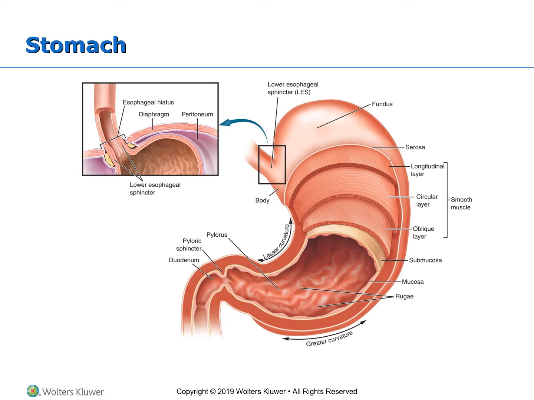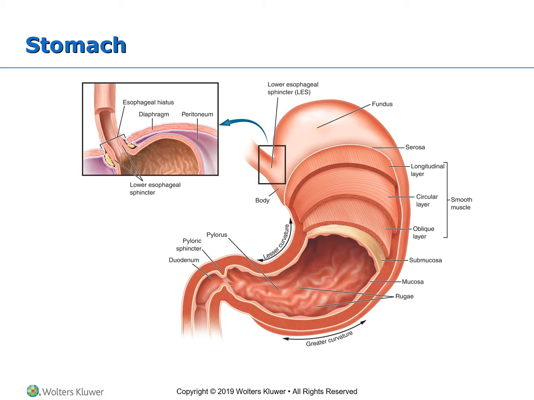You can see in the small square image on the left of your screen how the diaphragm encircles the esophagus, and the esophagus passes through an opening in the diaphragm called the esophageal hiatus. It's important to remember this structure because whenever this opening is enlarged or malfunctioning at the level of the diaphragm, we'll have a hernia, one of the conditions of the esophagus.